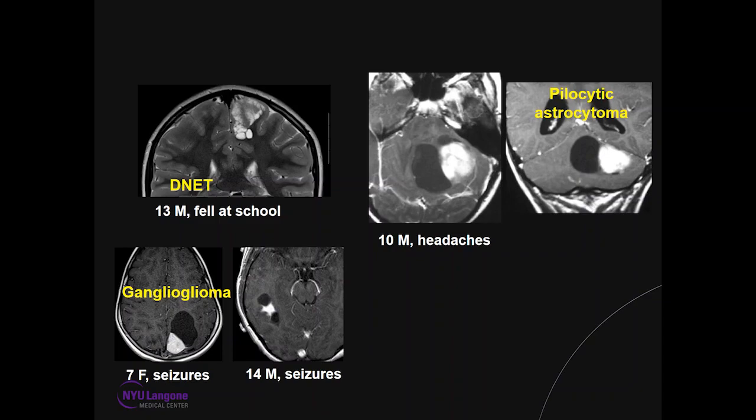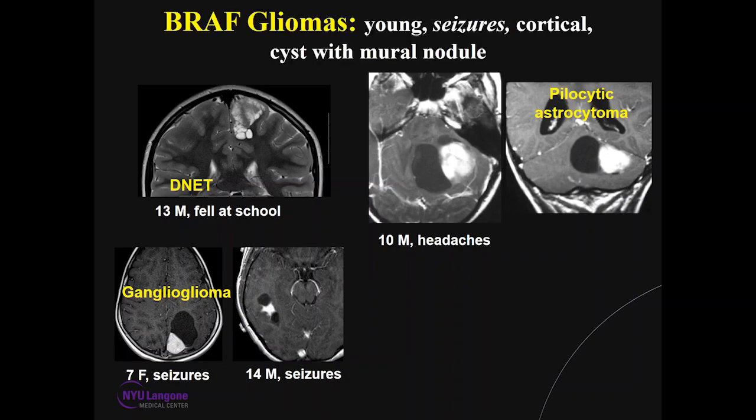Majority of pilocytic astrocytomas and gangliogliomas have this BRAF mutation, and it's important to identify that because the majority of these tumors are going to do really well, and the long-term survival once resected completely is fairly good.